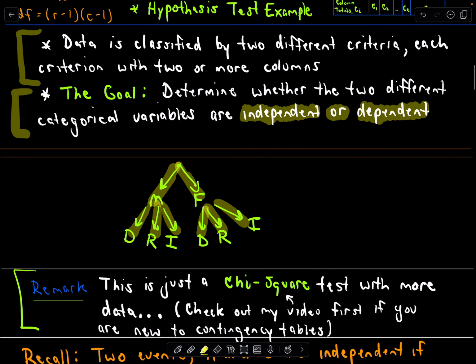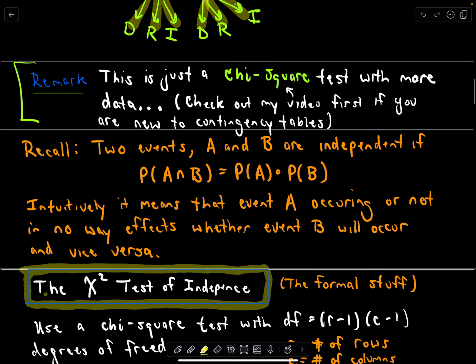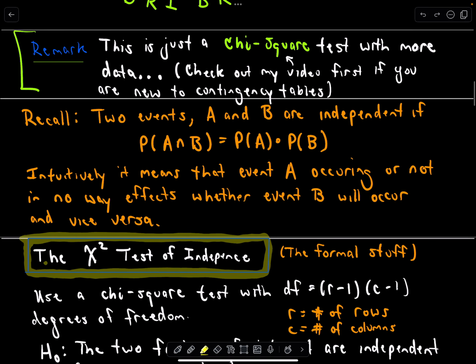Is there a relationship? And again, as I said, definitely make sure you take a look at chi-square first. Be familiar with that. And again, just a little definition of what it means for two events to be independent. Intuitively, it means that event A occurring or not in no way affects whether event B will occur, and vice versa.